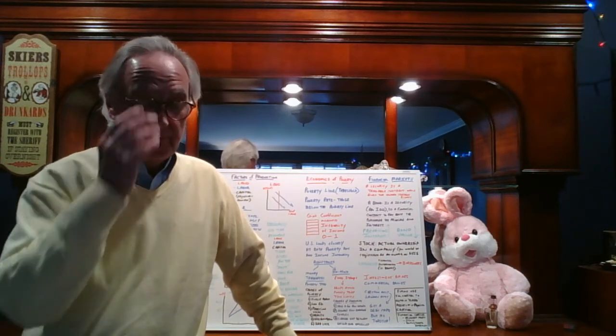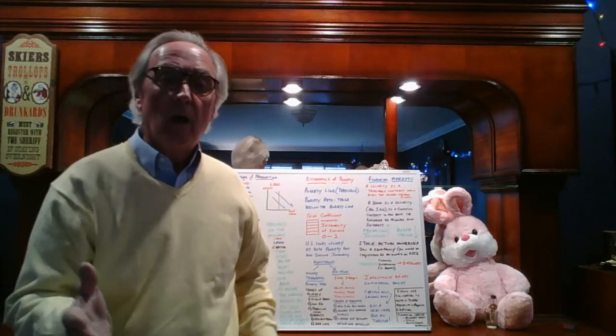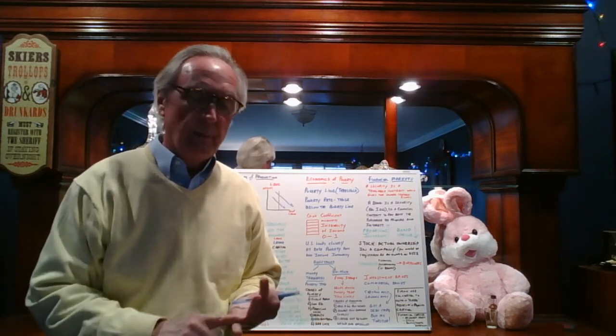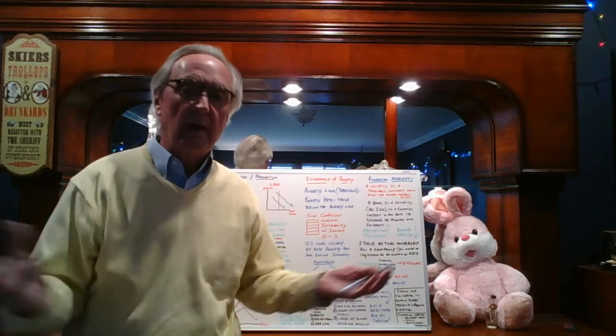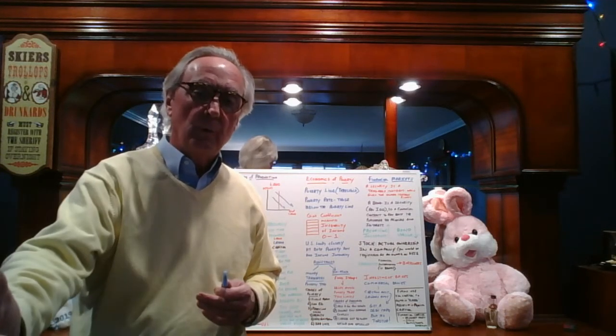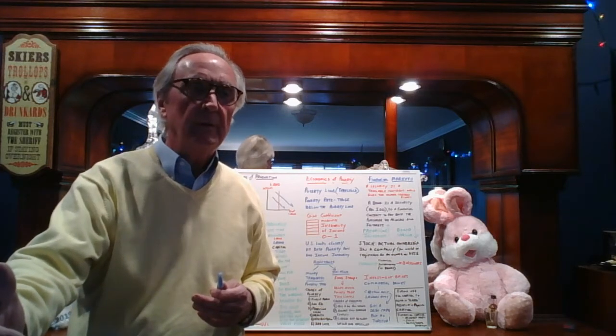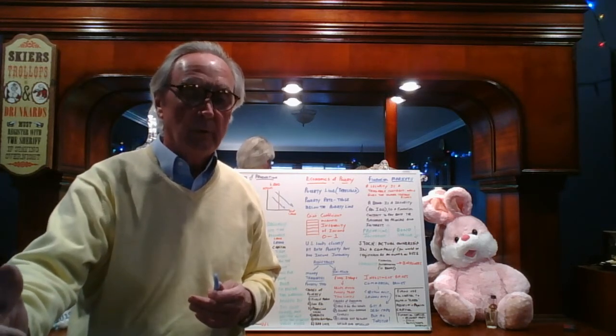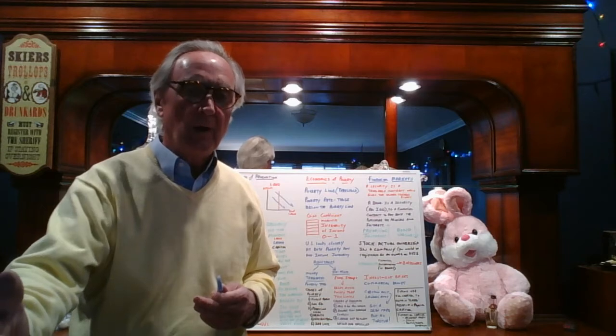Now, again, there are many ways of doing it. They can borrow from their banks, draw down on their lines of credit. They can float a bond issue. Typically that happens when they're looking for a very, very large amount of money.